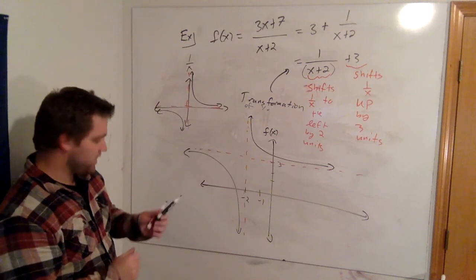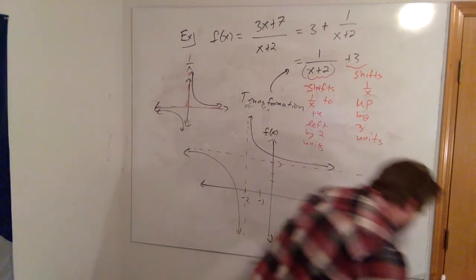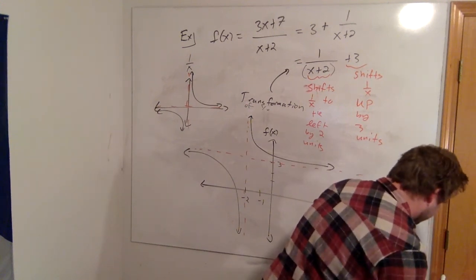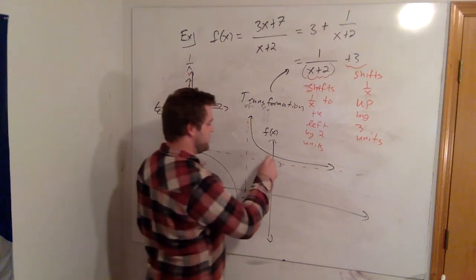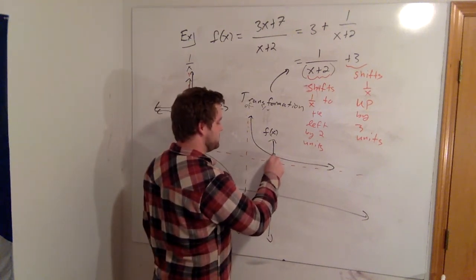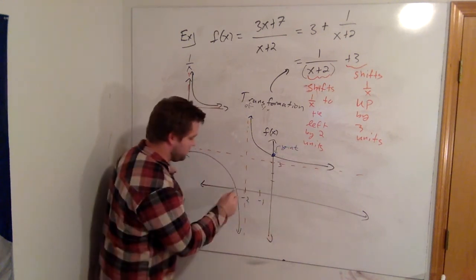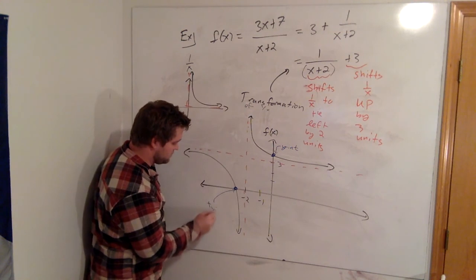Beautiful. Now just some of the features on the graph that we'll often be looking for. These rational functions won't always have these features, but just to label a few of them. Right here, this is our y-intercept. For this specific example, we have one x-intercept.